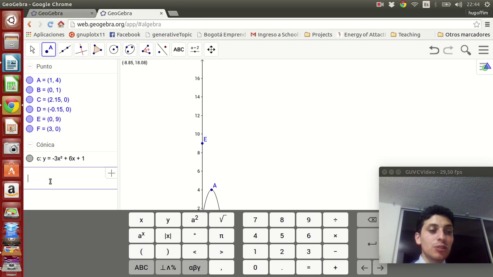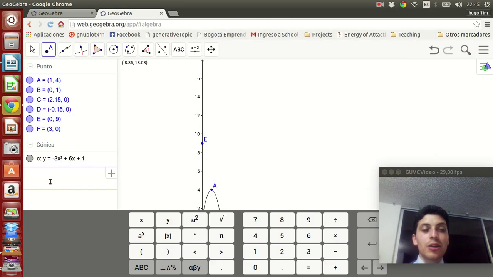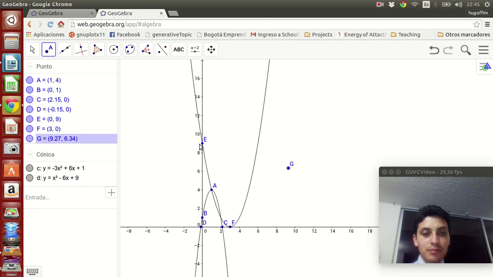So we're just going to do the graph here for you to check that we are in the right place with the points. So y equals x squared minus 6x plus 9. Okay, good.